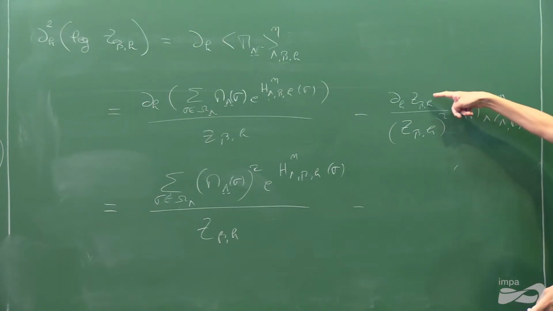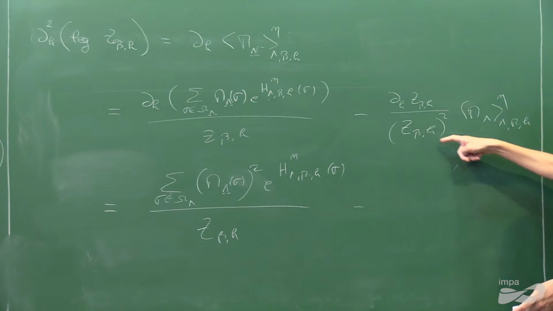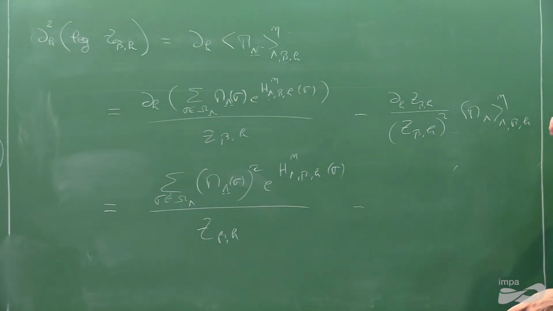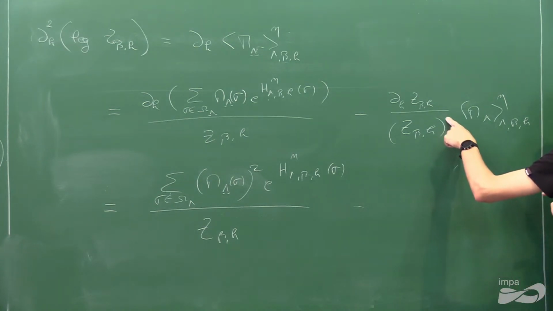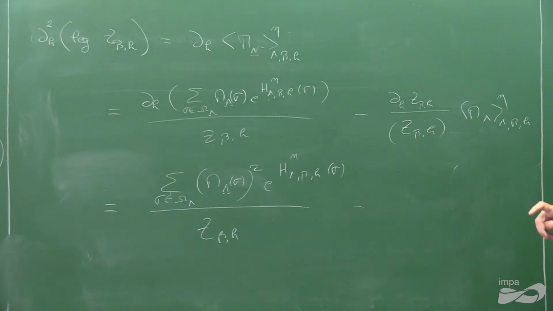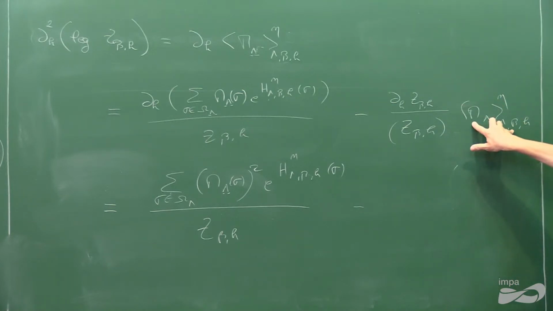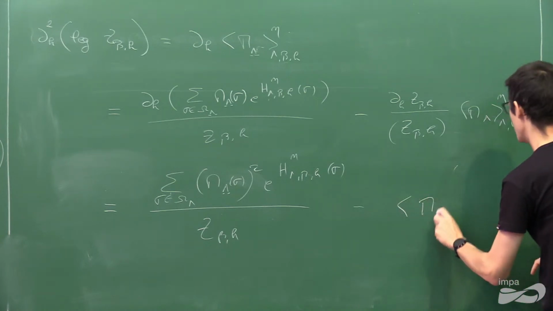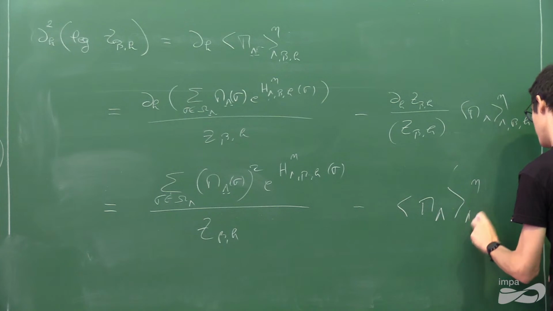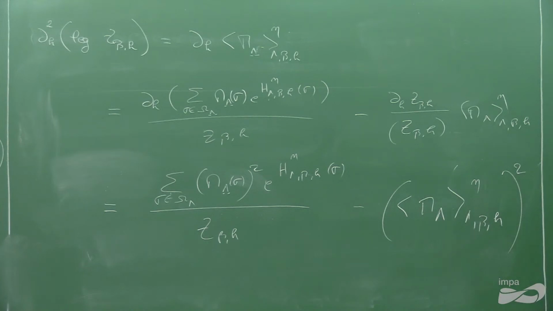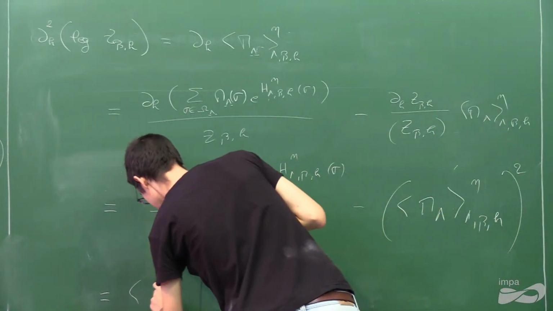So I know that this derivative of z beta h over z beta h, I only have one of them because one of them is used here. So when I have this, I know that what I get is exactly this: m lambda eta lambda beta h to the square. Okay, so what I get is this.